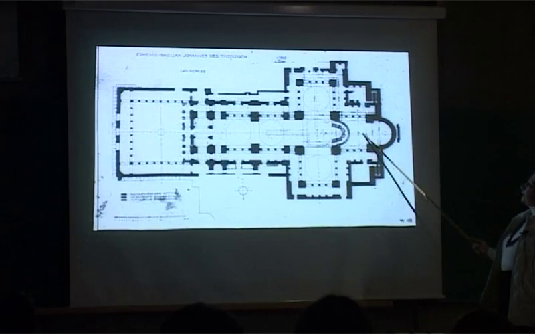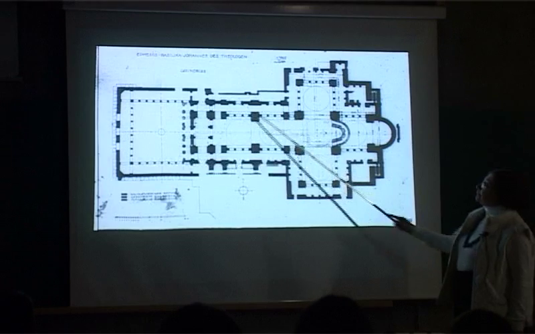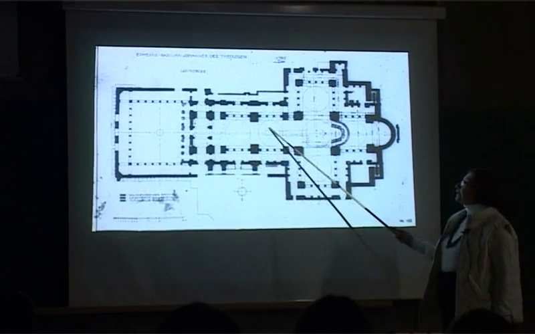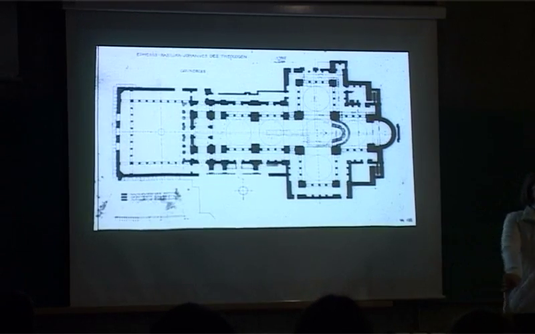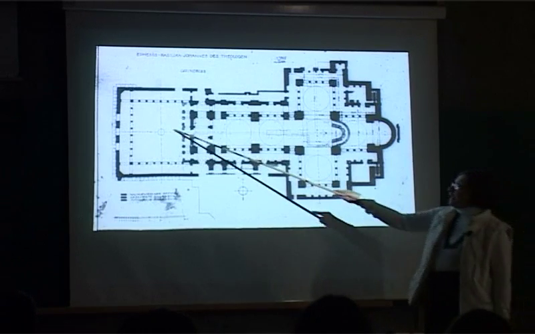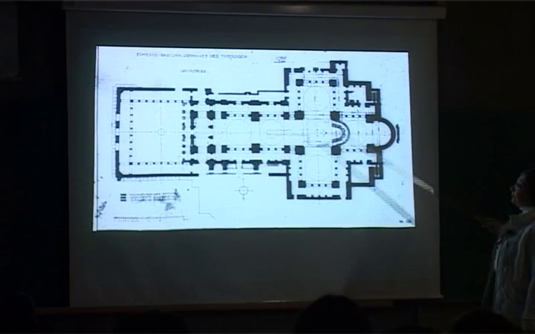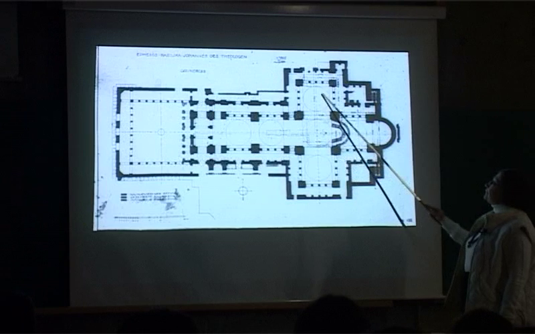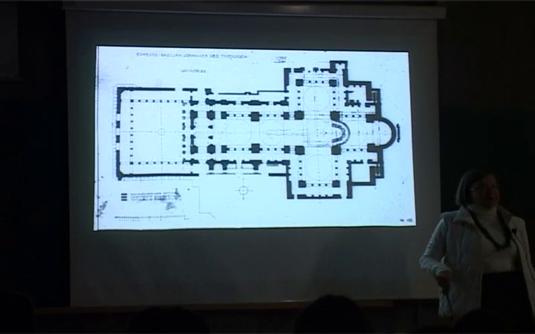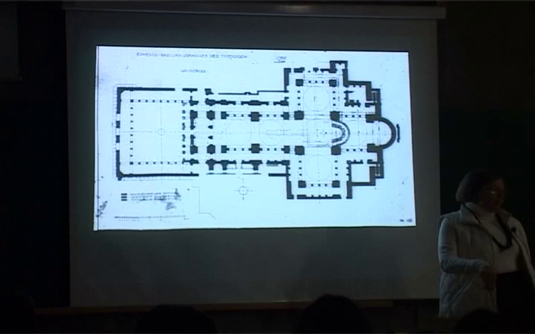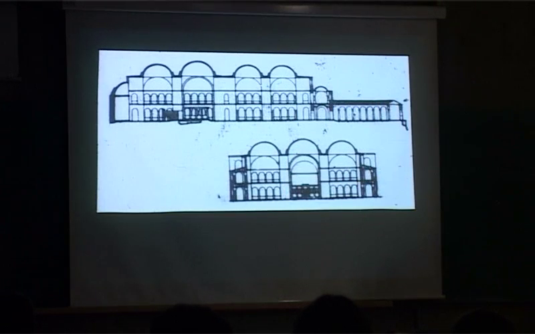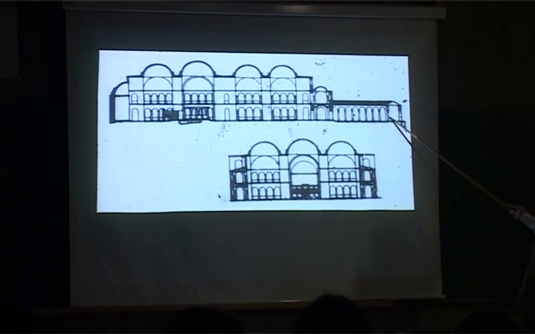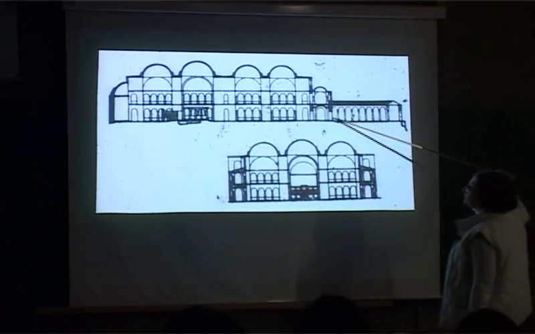Instead, all the compartments, carried by piers, are sectioned into small compartments. So you have the movement here, but you also have the differentiation of the different units. So it's a kind of compromise that we are talking about here. And when you look at it in section, you see that quite clearly.